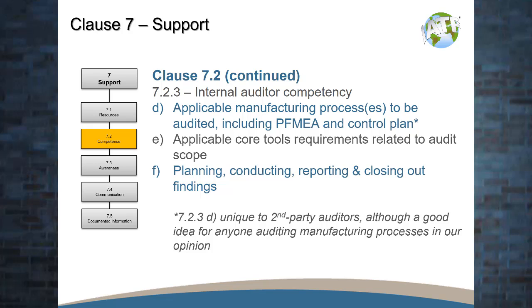So, that particular item here is unique to the actual clause in the second party auditing or second party auditor competencies. It's not actually explicit in the internal auditor competency portion of the standard, which I find interesting.